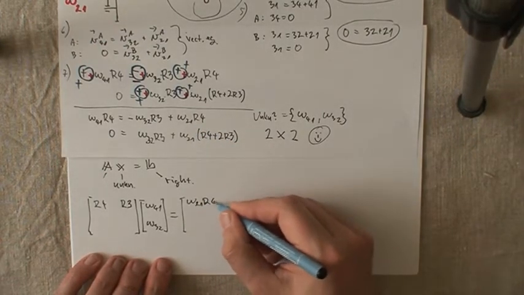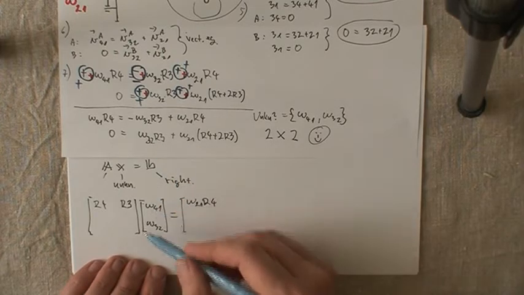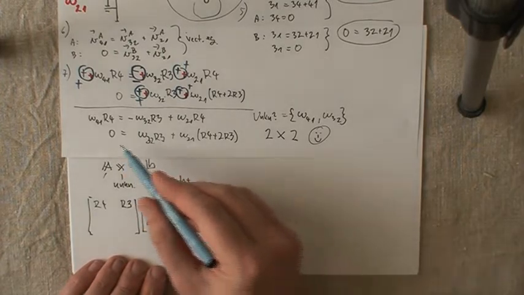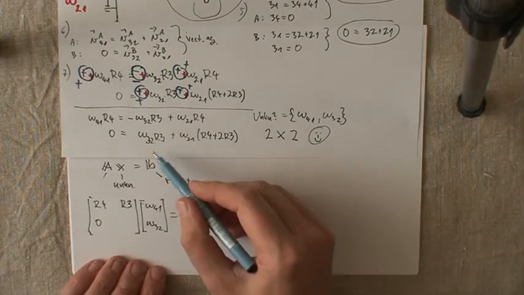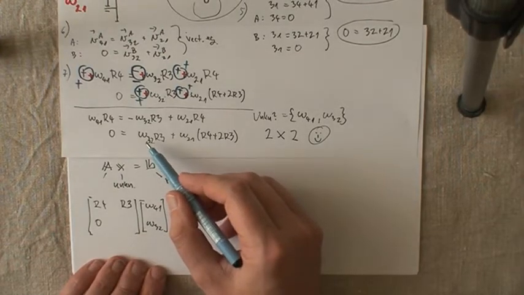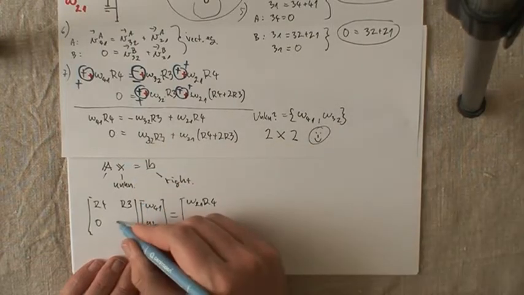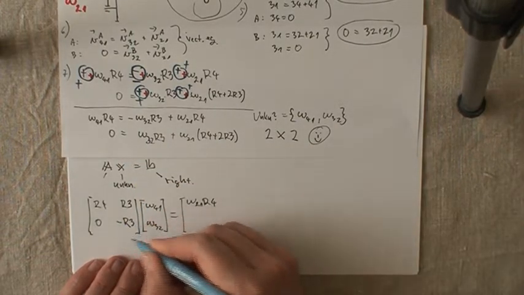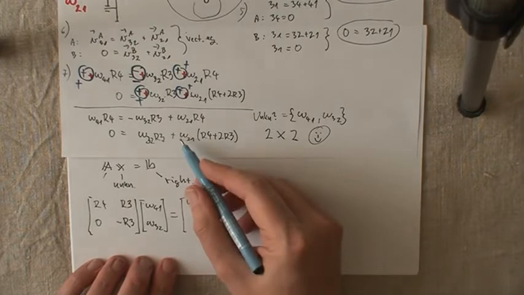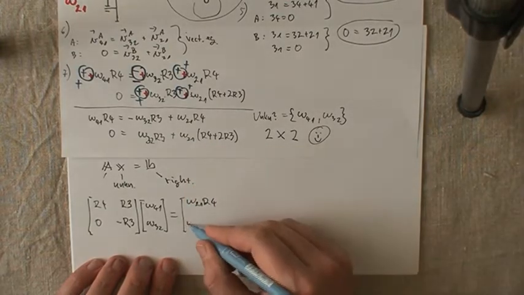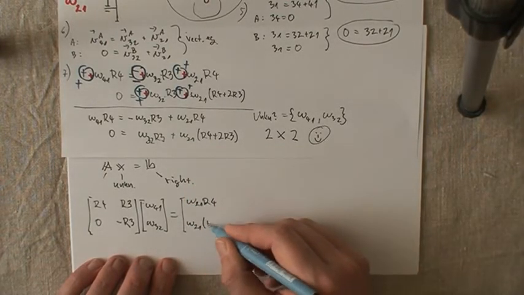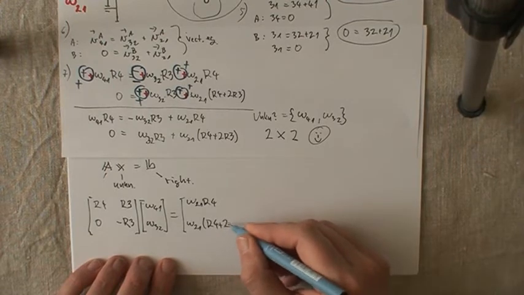Omega 21 R4. Here we have omega 41. Is it here? No, it's not at all, so it's 0. Omega 32, yes, it is here. R3, but it's on the right side, so we have to move it and change the sign, R3. And the right side, well, it's only this term, therefore we will have omega 21 times R4 plus 2R3.